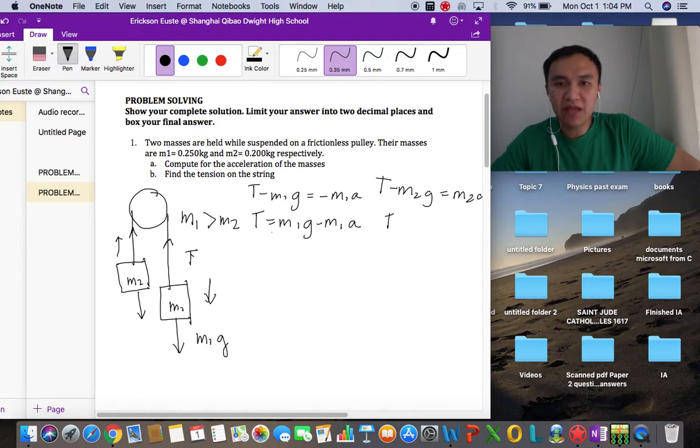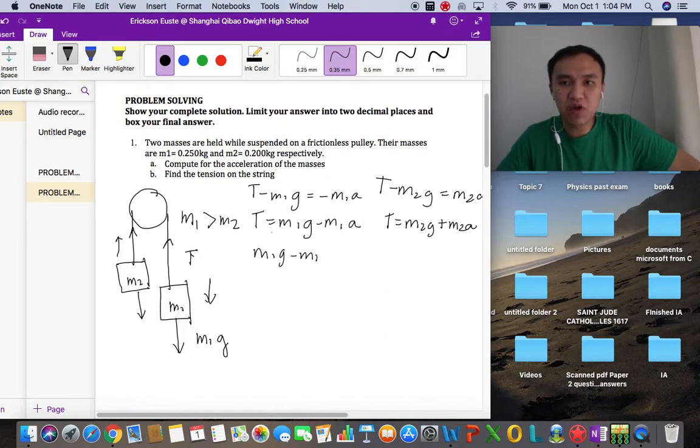So we have tension is equal to M2G plus M2A. Since we have the same tension, we can just equate them to each other. So that means M1G minus M1A is equal to M2G plus M2A.